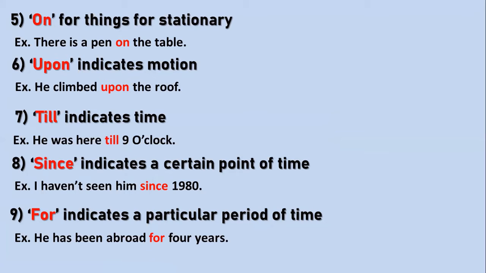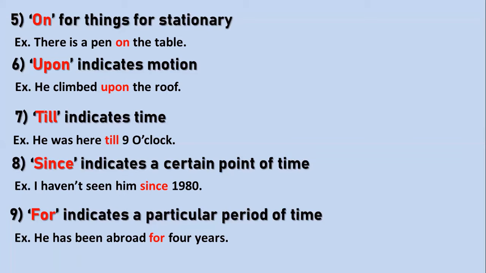Next, till. Till indicates time. When you want to say up to what time you are going to come or wait there, you can use the preposition till. Example: he was here till 9 o'clock. Next, since.